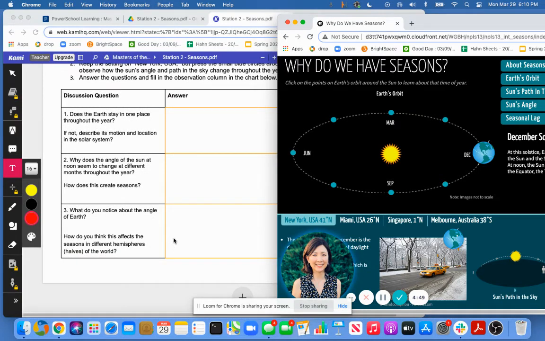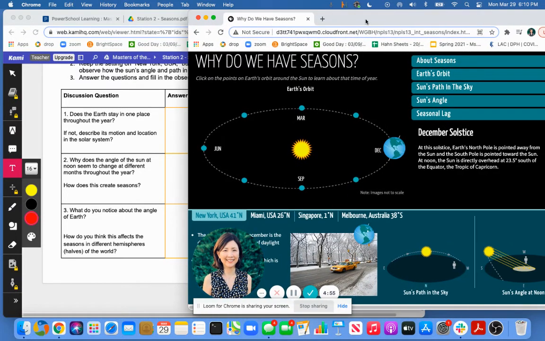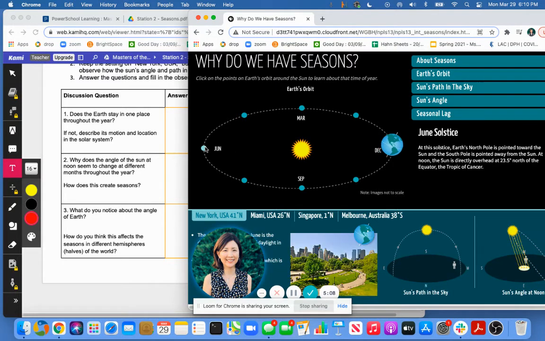Okay, numbers 2 and 3 are asking questions about the angle of the sun at noon and how it changes through the year, and how that creates the seasons. So hopefully you can explain that in December the angle of the sun is not as direct as in June.